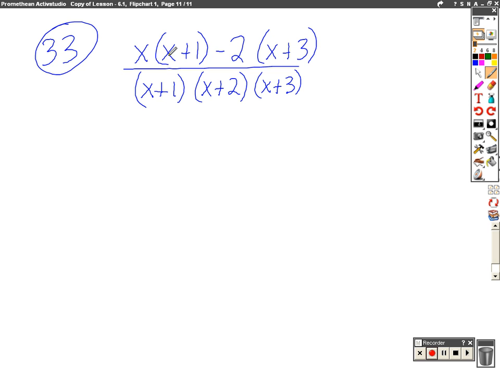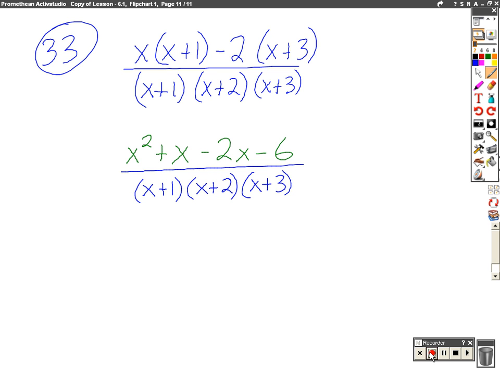So in my numerator, I will distribute the x to get x squared plus x. Distribute the negative 2 to get minus 2x minus 6. And my denominator will stay the same. Now I can collect like terms up in my numerator with the x minus 2x. That would actually just become minus x.